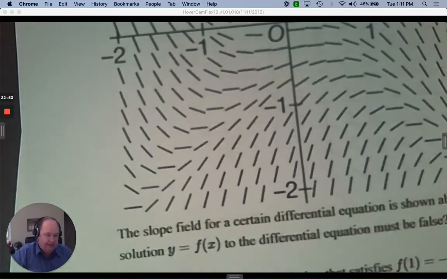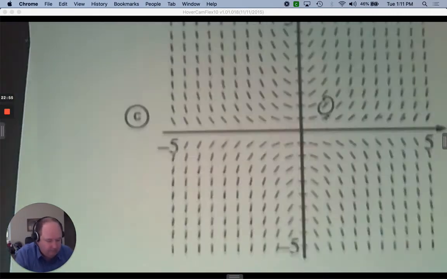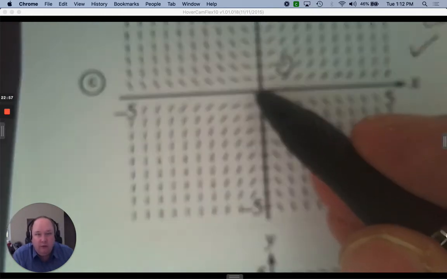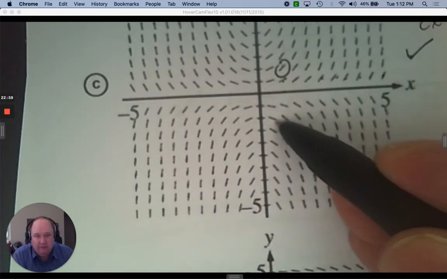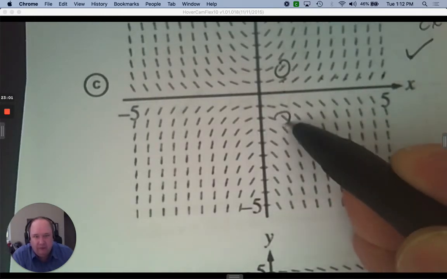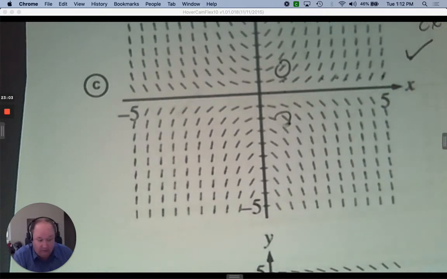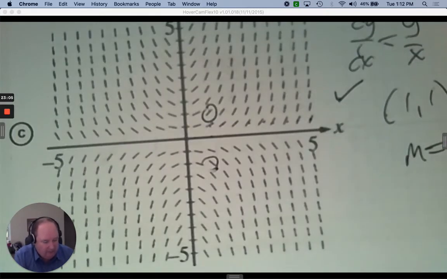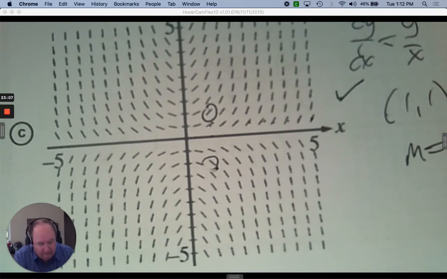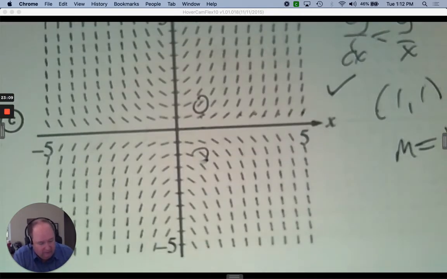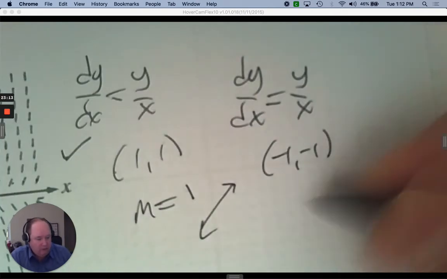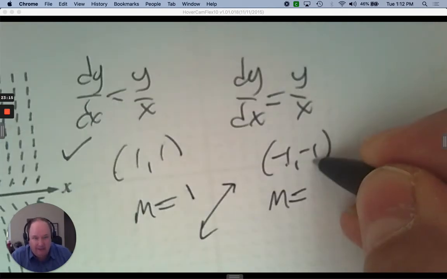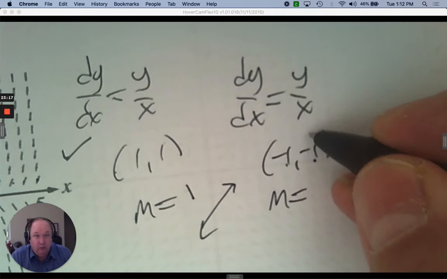I hope I can eliminate something here. So 1 to the right, 1, oh, look at that, they both look similar. Let's go to another quadrant. Don't give up. What's another one we can try until we find a mistake? Let's look at this one: -1, -1. The slope for -1, -1, if you put it in, would equal +1.